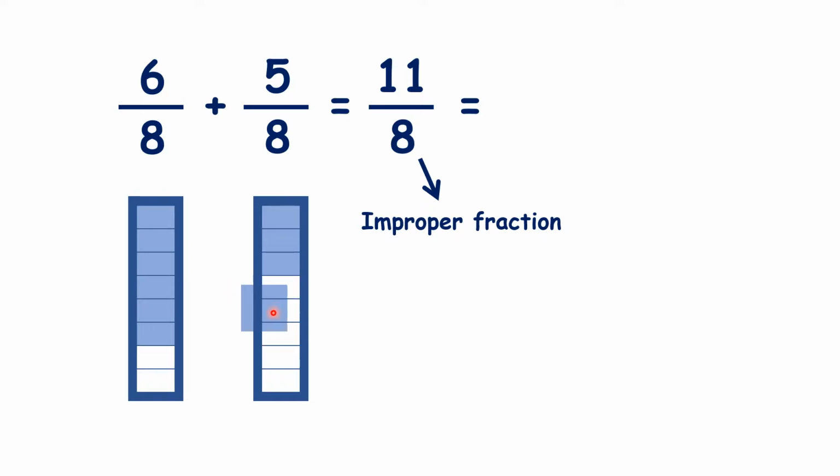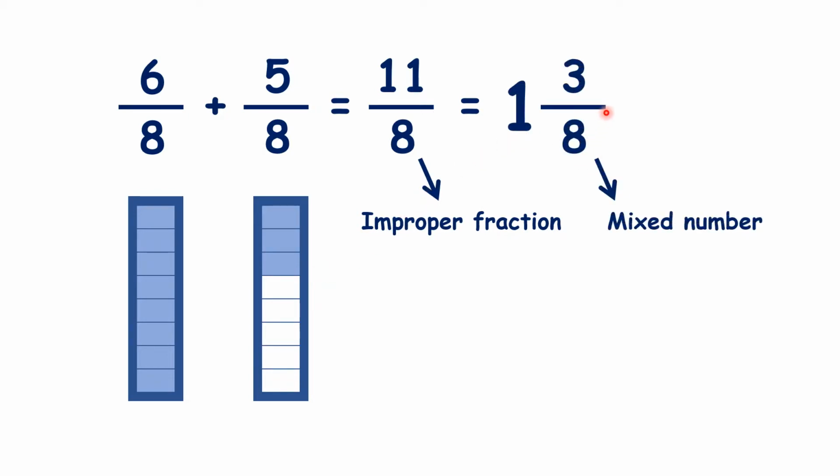But let's move 2 of those eighths over to this rectangle. Now you can clearly see our mixed number, 1 and 3/8. And if you know that 11 divided by 8 is 1 remainder 3, it's easy to work out our mixed number.